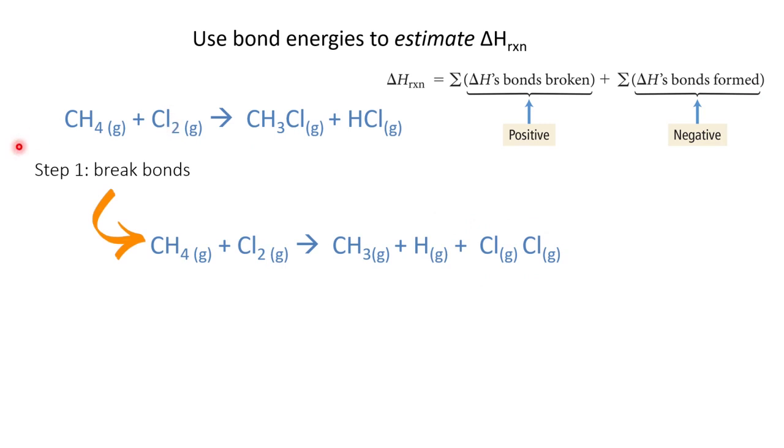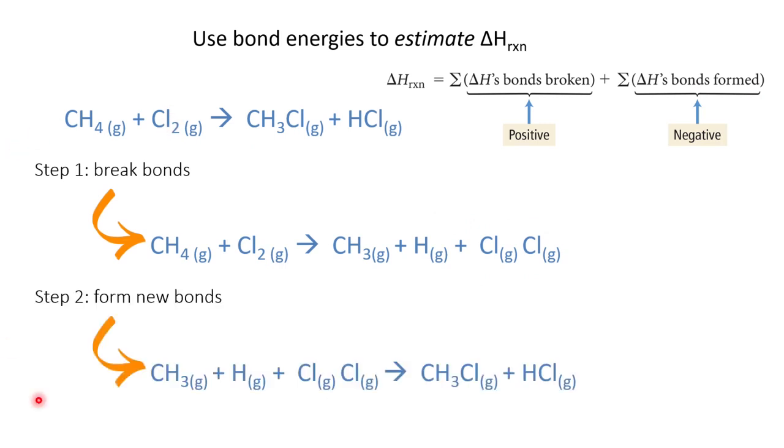Once they're broken apart, they can form the new compounds. So now we have our CH3 and a Cl coming together to form CH3Cl, and our H and Cl coming together to form HCl. So this happens in two steps. You break a bond first, then you form a new one.